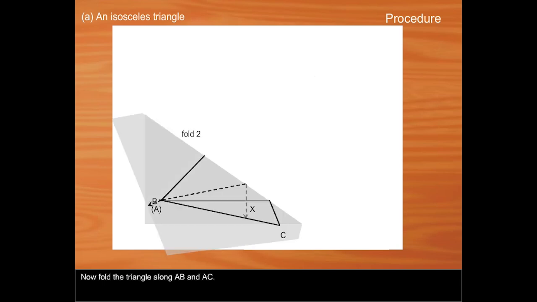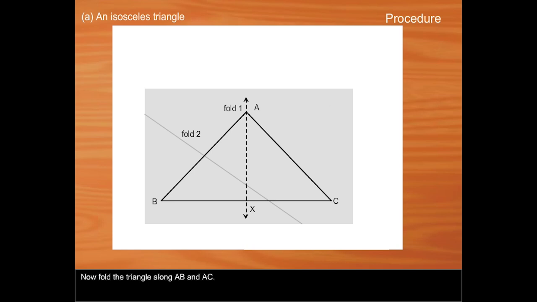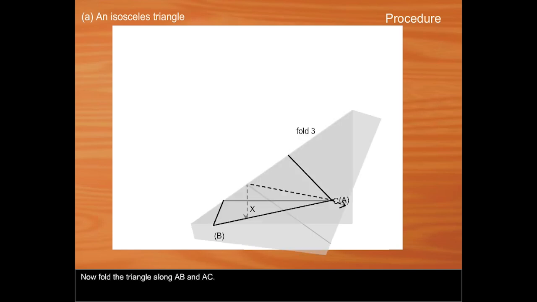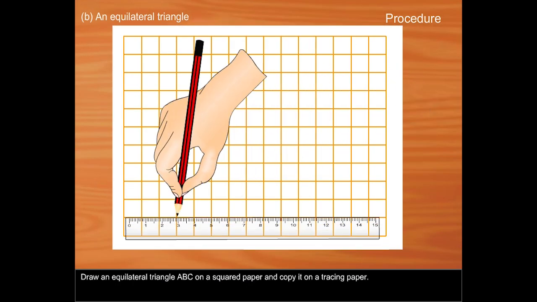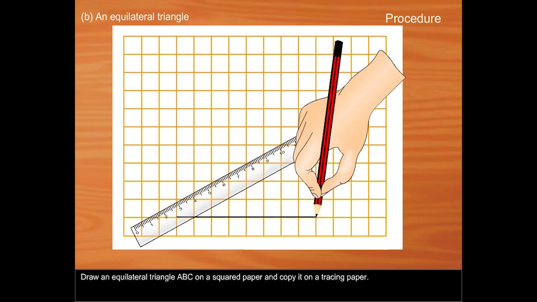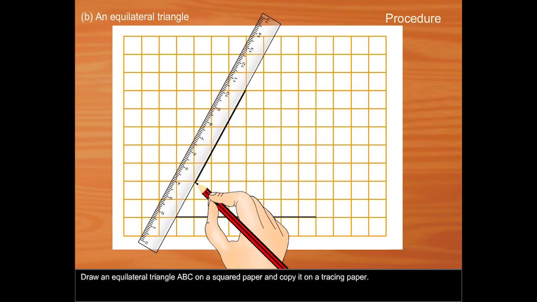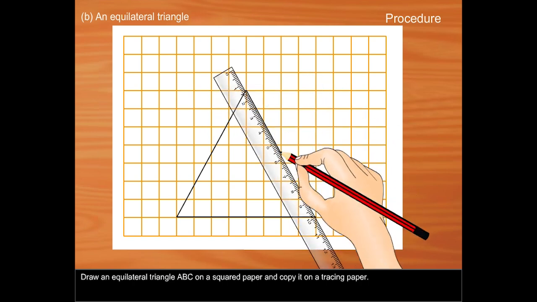Now fold the triangle along AB and AC. An equilateral triangle. Draw an equilateral triangle ABC on a squared paper and copy it on a tracing paper.